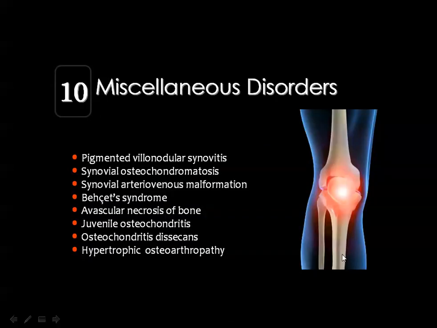Miscellaneous disorders will include the pigmented villonodular synovitis, synovial osteochondromatosis, synovial arteriovenous malformation, Behçet disease, avascular necrosis of the bone and bone infarctions, juvenile osteochondritis, osteochondritis dissecans, and finally hypertrophic osteoarthropathy.